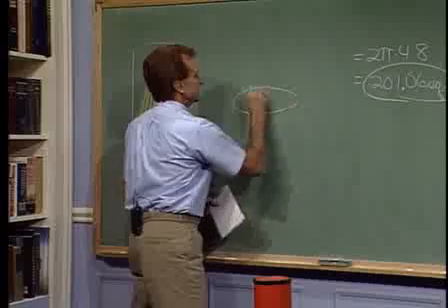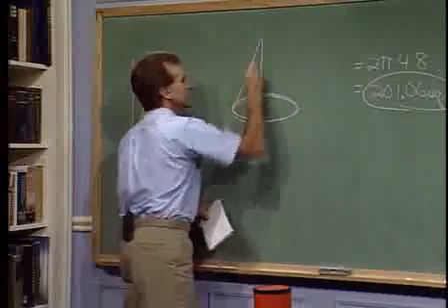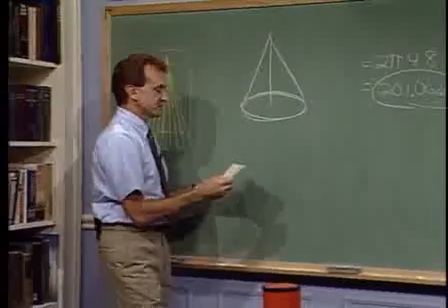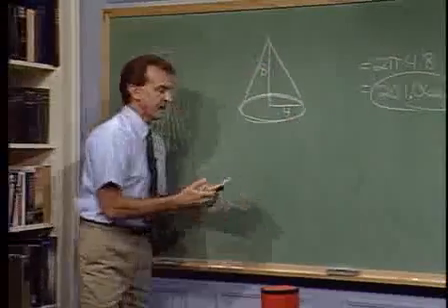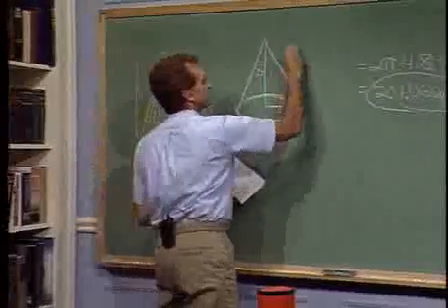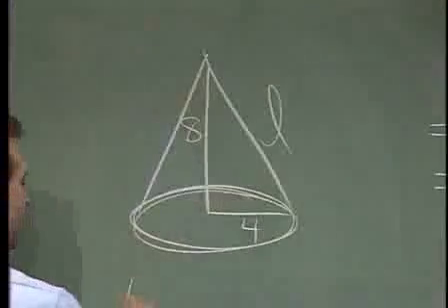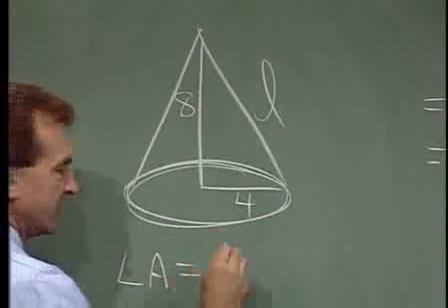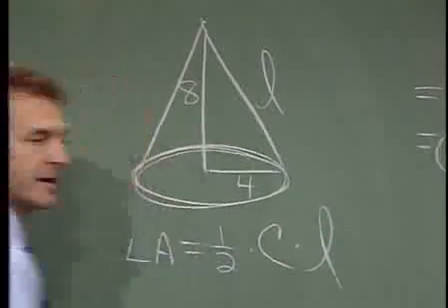All right, let's take a cone like this, a right circular cone, and give it some dimensions. Let's make this 4 and make this 8. Okay? We've got to find the slant height before we can go on to find the lateral area. If you write down the formula, lateral area equals 1/2 the circumference of the base times the slanted height.